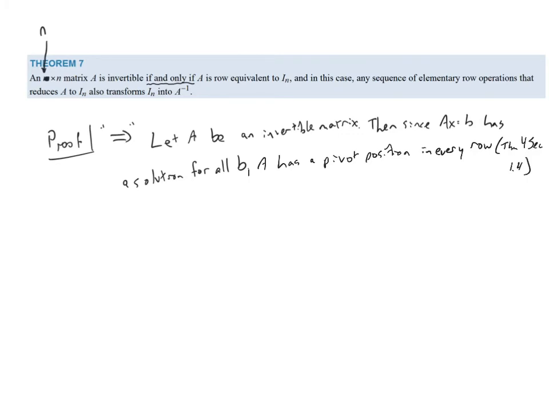Now, what's important next to say is because A is square, right? It is n by n, a square matrix. Where do the pivots have to be? The pivots must be on the diagonal.